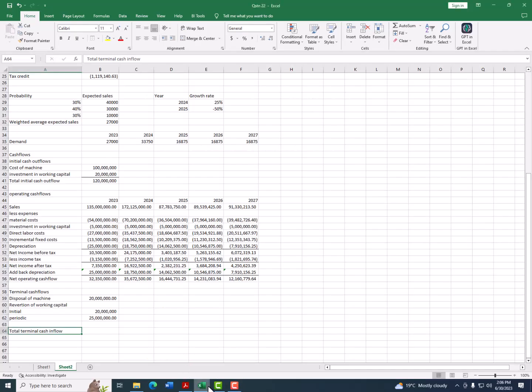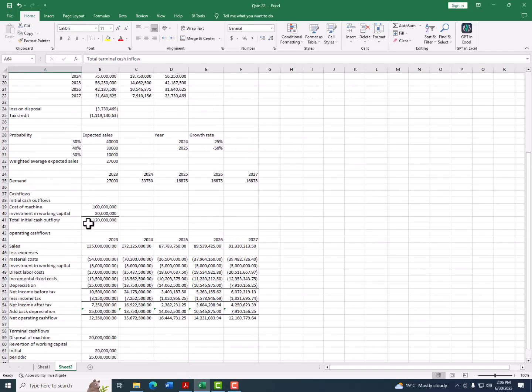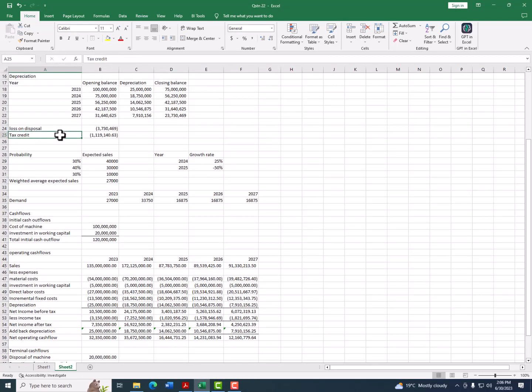And that is why we had already calculated the tax credit. Since it was a loss on disposal, the company can claim back the tax. So this has the effect of a cash inflow, right? It is a cash inflow because when the company is calculating its total income tax for the end of the period, they are going to subtract this, because they made a loss on disposal.